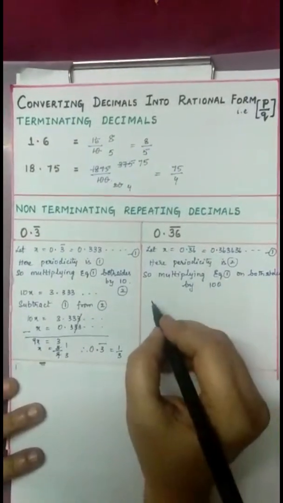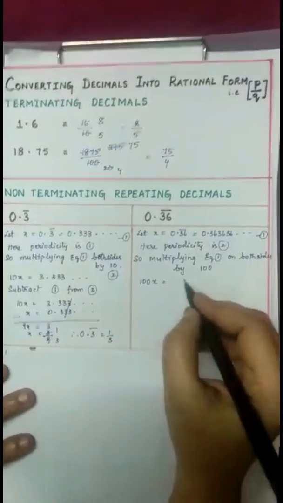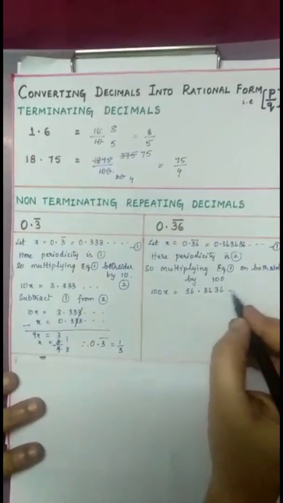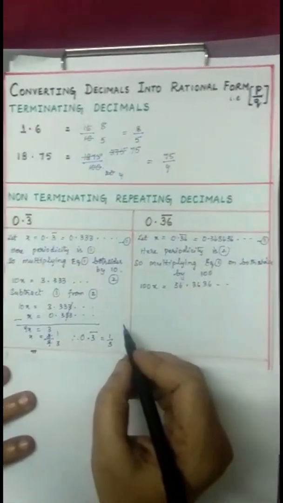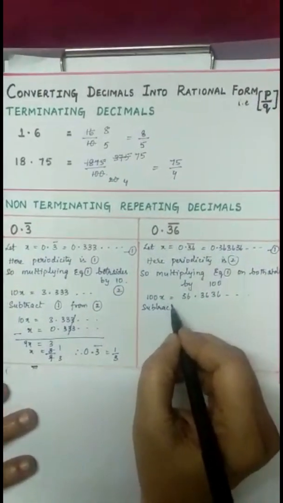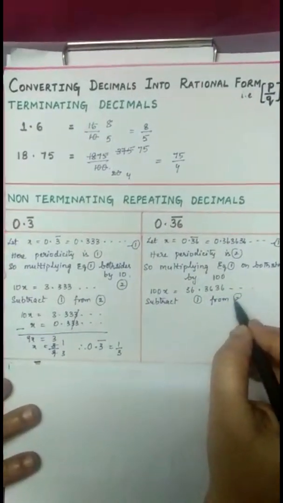So we get 100x is equal to 36.3636 and so on, since the decimal moves two places. Now here we have to subtract the first equation from the second again.